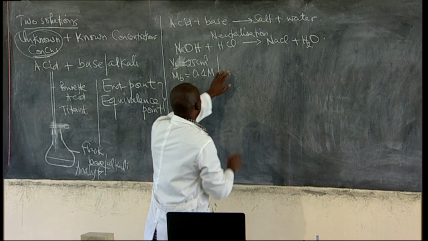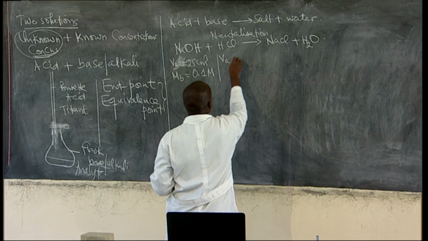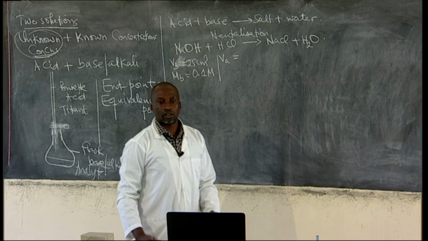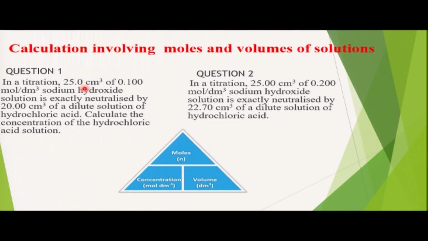Then what is the volume of the acid? The volume of the acid is indicated as 20 cubic centimeters. And what is the molarity of the acid? That is what we are asked. Calculate the concentration of hydrochloric acid.